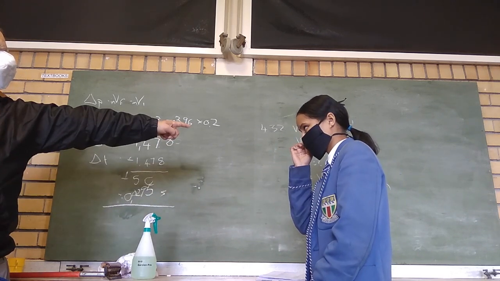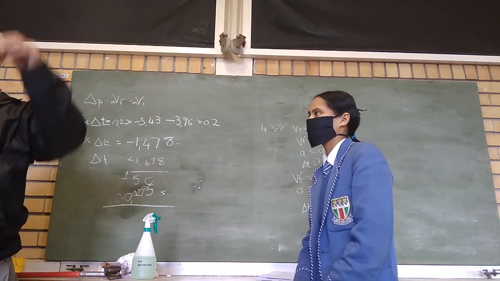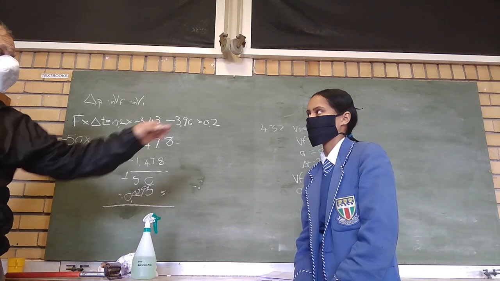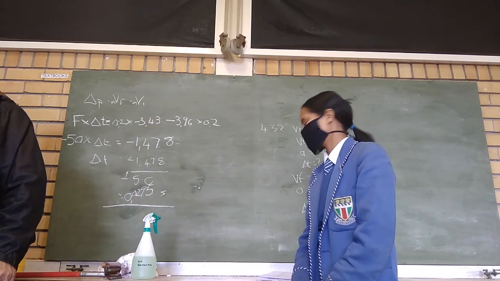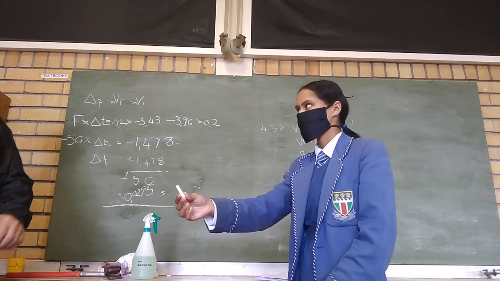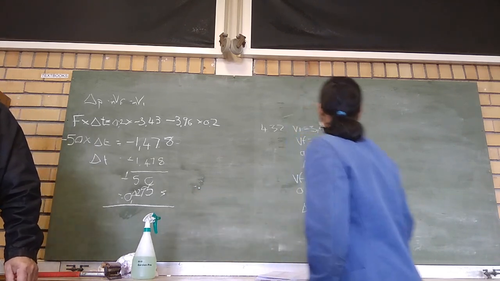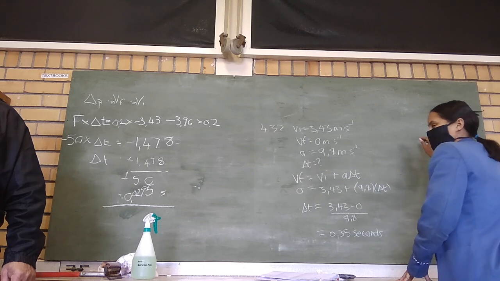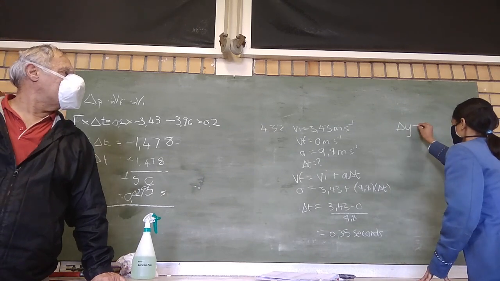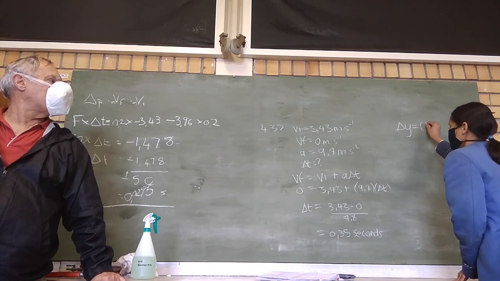You can't use that. Let's just see if you've got another formula. Just quote your formula. Which formula? Delta y is equal to, in brackets, Vi plus Vf, close brackets, times t, divided by 2.